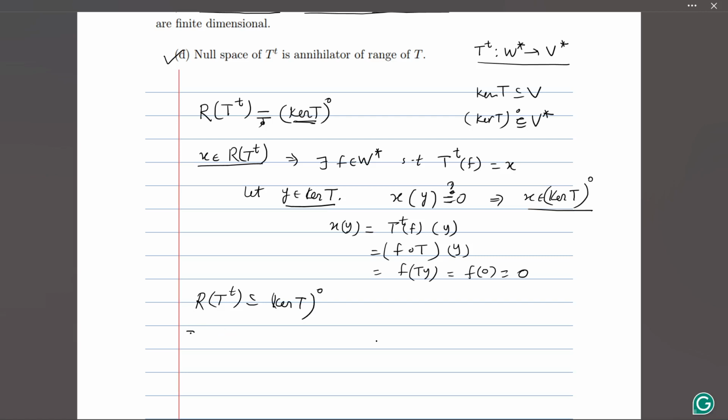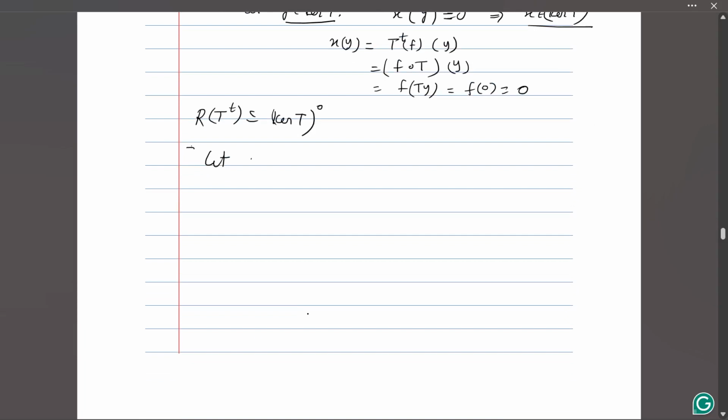What about the reverse direction? Let X be in kernel T annihilator. I'm writing X again, but you understand what it means.